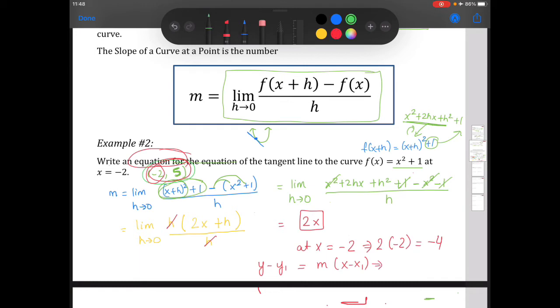This would be y minus my y1, which is 5, equals my slope, -4, times (x minus -2), which is x plus 2. So that is the equation of the tangent line to the curve at the point (-2, 5).